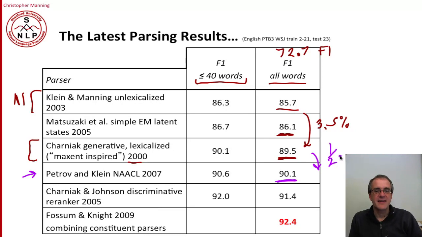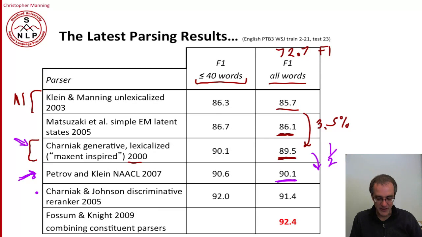You can't really explain in absolute terms why it's better, because really it's using less conditioning information than Charniak's parser. So the reason it's better is because the probability estimation is better, and it's actually a lot easier to do here because you have a much smaller number of categories in the grammar and you're not having to do complicated smoothing with head words.